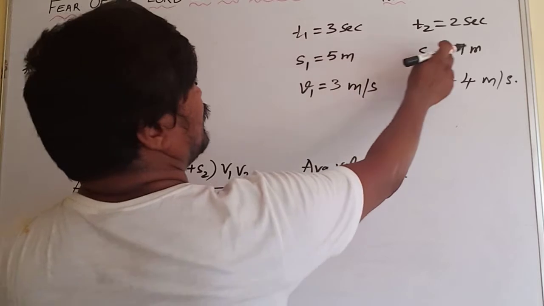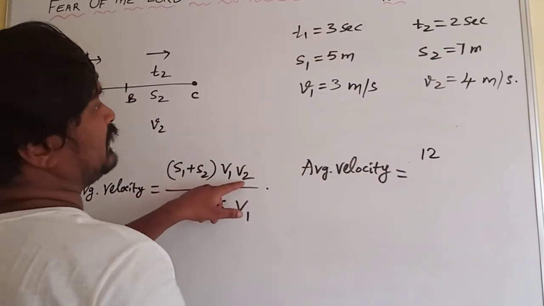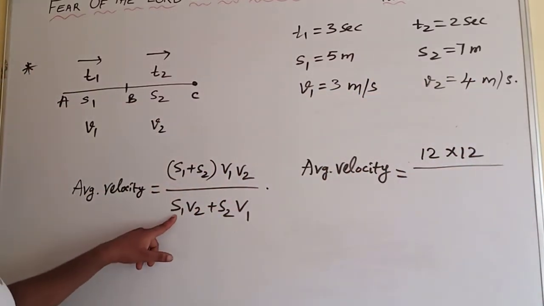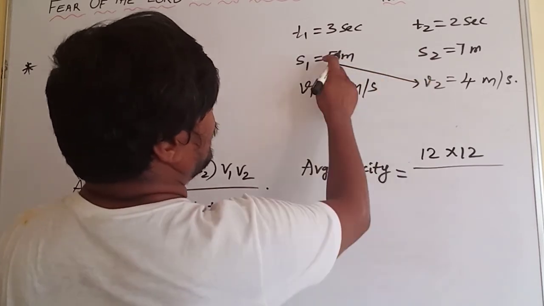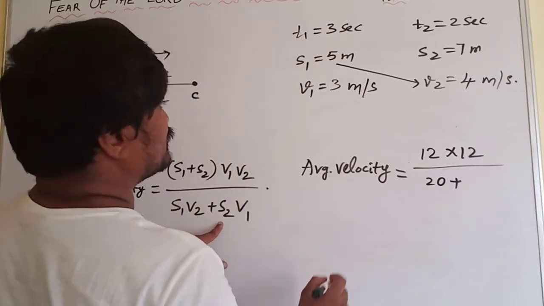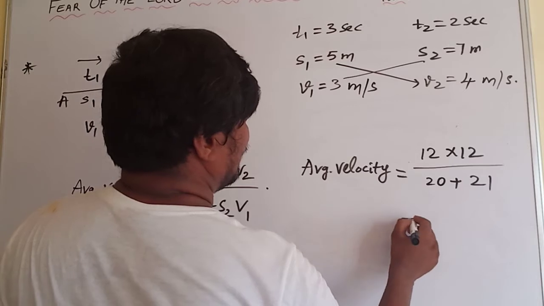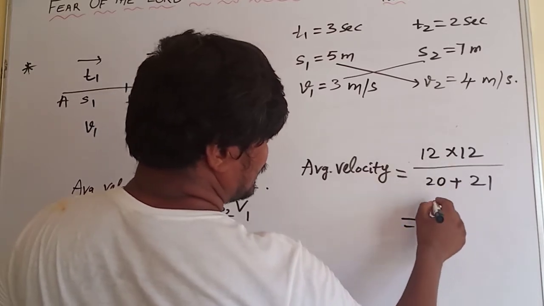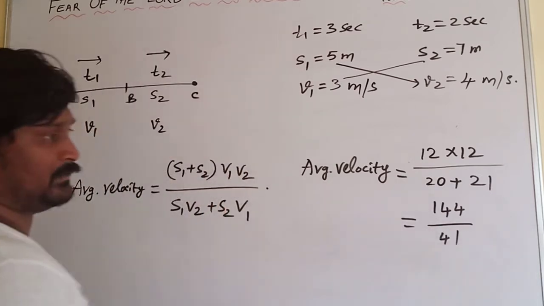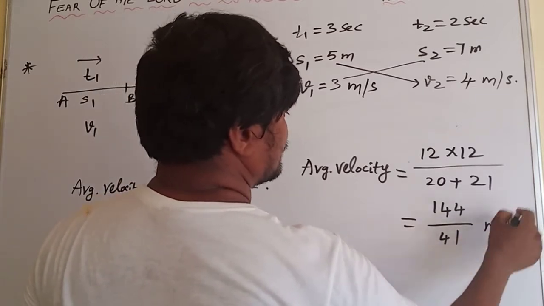S1 plus S2: 5 plus 7 is 12. Next V1 into V2, 3 into 4, that is 12, upon S1 V2, 5 fours are 20, plus S2 V1, 7 threes are 21. Now add both. So 12 twelves are 144 upon 20 plus 21, 41. If you want, you can simplify, or otherwise write it like this only, in meter per second.